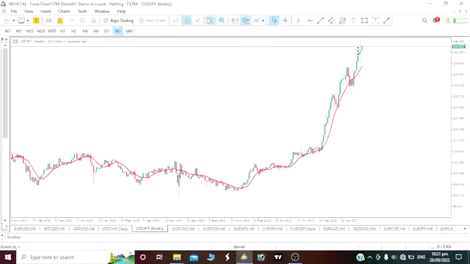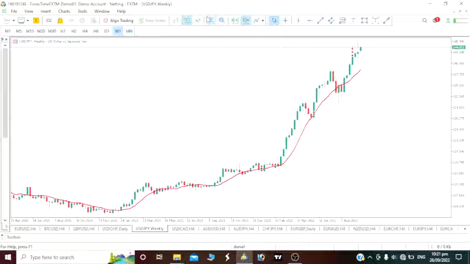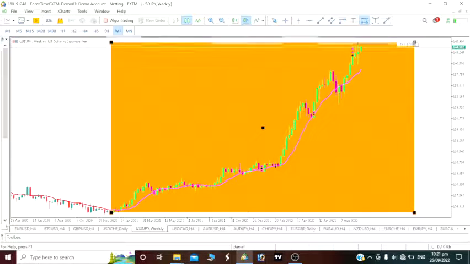There's only one movement we can all see on this USDJPY. Simple, it is a bullish move. Take a look at it from here. Since 2020, we've been having this bullish move, meaning our USD itself has been going bullish, and we can all see that our JPY has been going bearish.